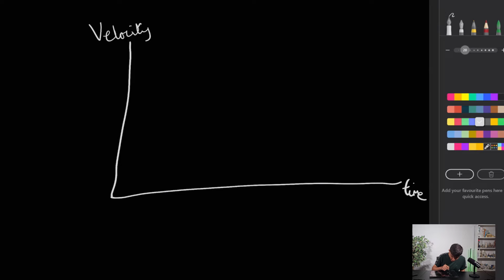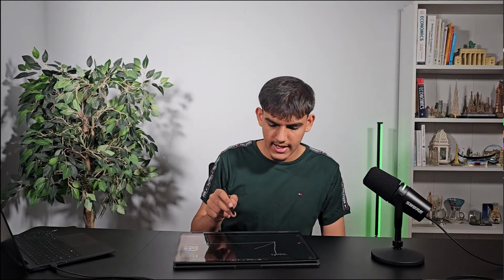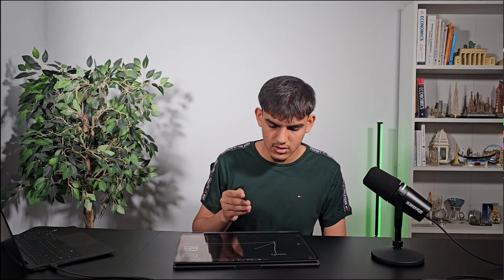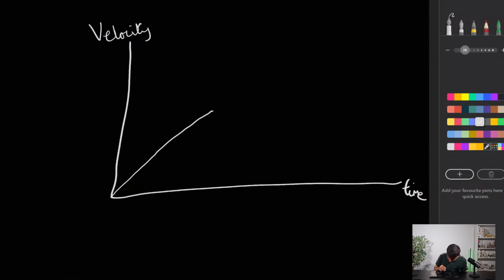So that would just be drawn like this, where it's just a straight line with a positive gradient showing that the car is accelerating. Now for cruising, there'd be no gradient, as the car would be in constant velocity as it's cruising. And then finally decelerating, where it'd be a straight line with a negative gradient.